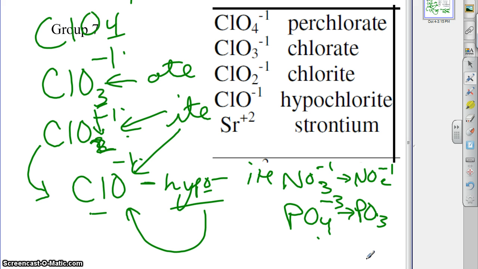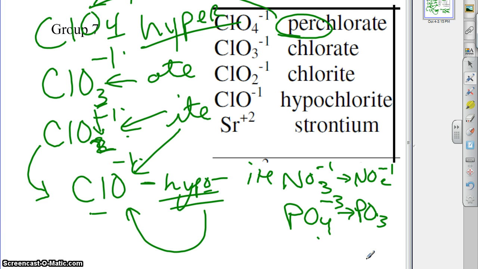Now, what about per? Where does this per come from in the excess oxygen case? Well, that's actually short for hyper. Same basic idea as hypo. Hyper means elevated, like you're hyperactive. I think of a kid running around making all sorts of craziness. He's hyper, he's hyperactive, he's overactive.